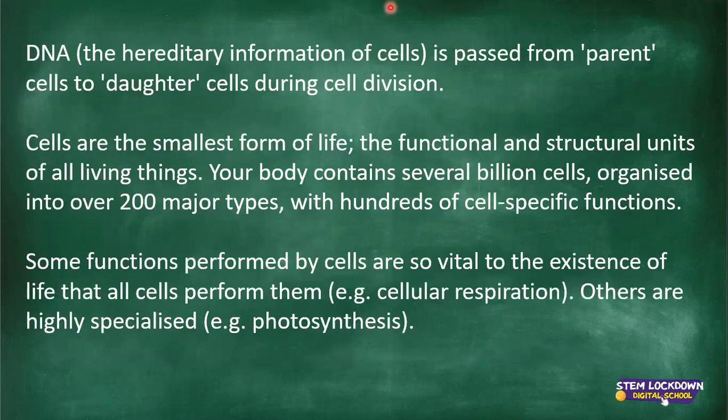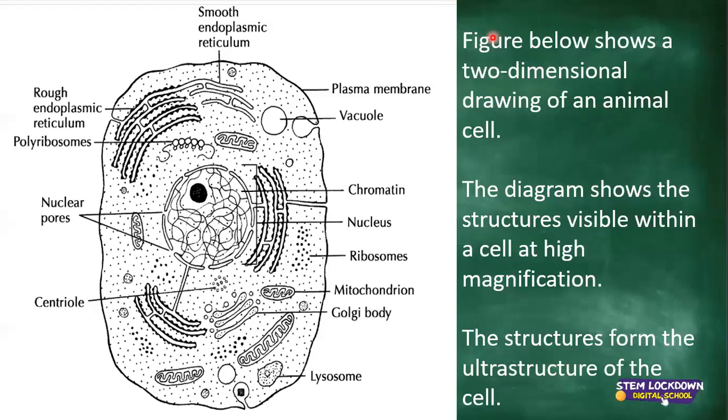And then here is the figure, which shows a two-dimensional drawing of an animal cell. This diagram shows the structures visible within a cell at high magnification. The structures form the outer structure of the cell.